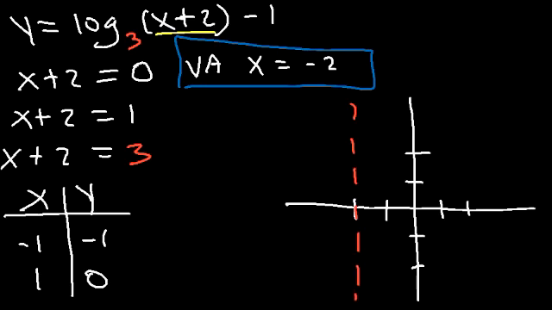And let's plot the 2 points. The first one is -1, -1, and the second point is 1, 0, which is an x-intercept. So always start the graph from the vertical asymptote and follow the 2 points. So the graph is going to look like this.